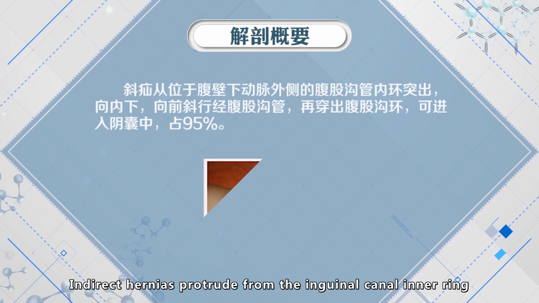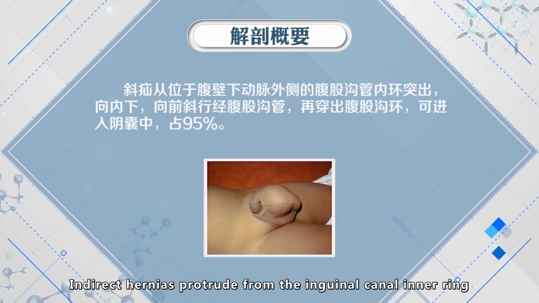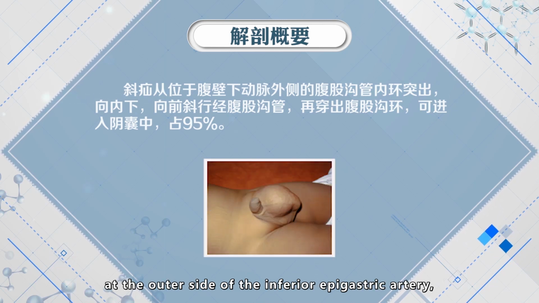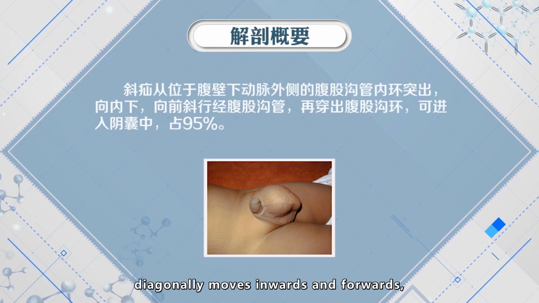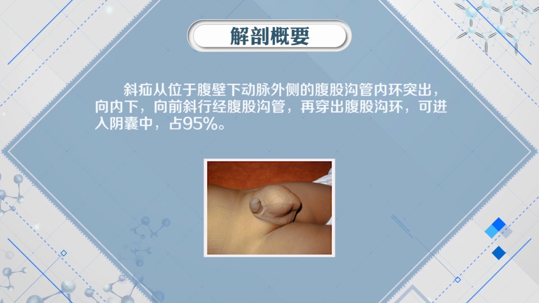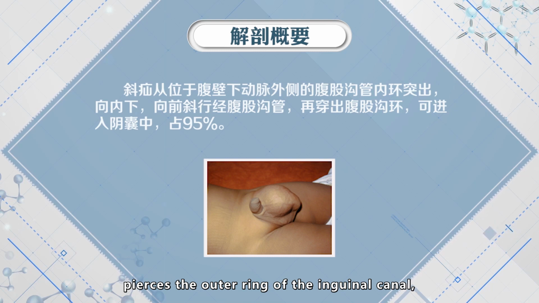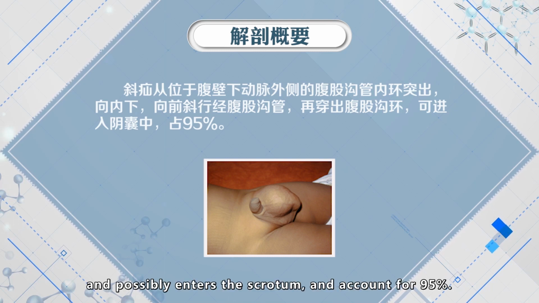Indirect hernias protrude from the inguinal canal inner ring at the outer side of the inferior epigastric artery, move diagonally inwards and forwards, pass through the inguinal canal, pierce the outer ring of the inguinal canal, and possibly enter the scrotum, and account for 95%.